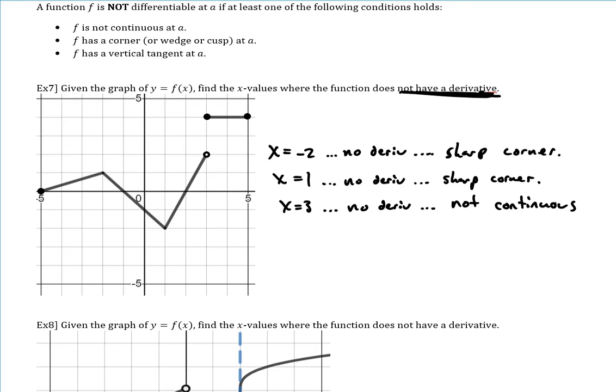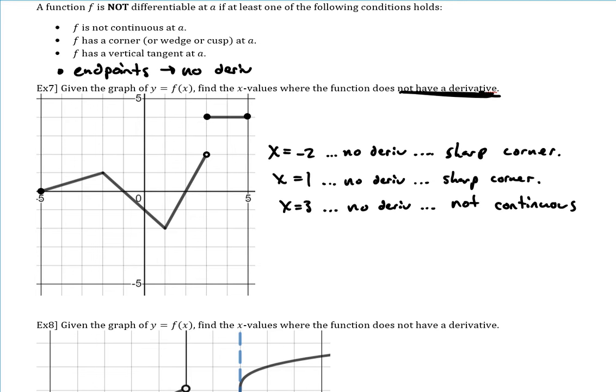Now, in these bullets, this is assuming that you can see all the graph. This is a special case, actually. So at negative 5, notice you have the big solid dot. So that means the graph stops right here. Well, at endpoints, let's go ahead and add that: at endpoints, there's not going to be a derivative. Endpoints, no derivative.